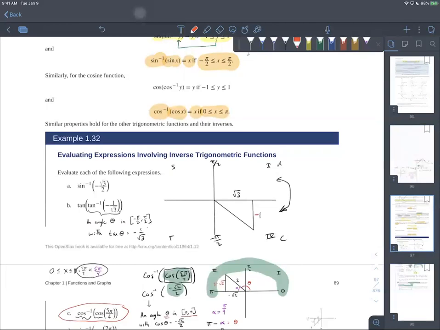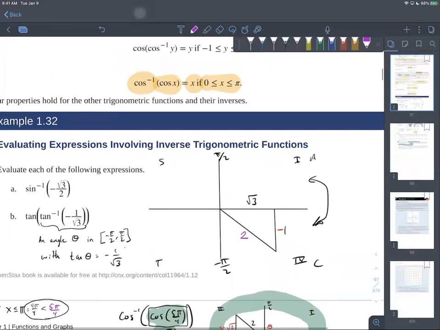Wait a minute, this is a special right triangle that we've seen before. If you use the Pythagorean theorem, or maybe you just remember, the hypotenuse has a length of 2. Which angle is this? This angle here is going to be pi over 6, the reference angle.